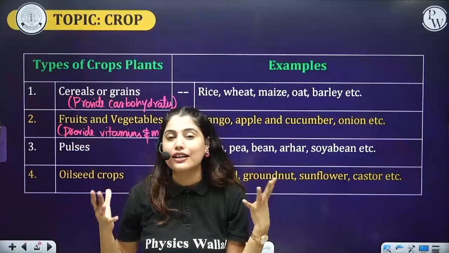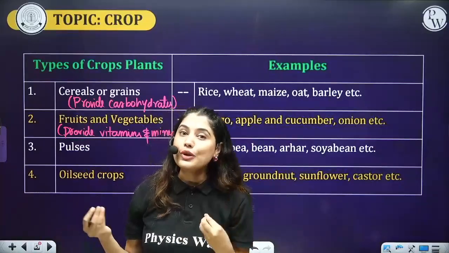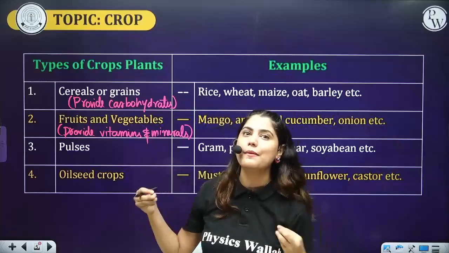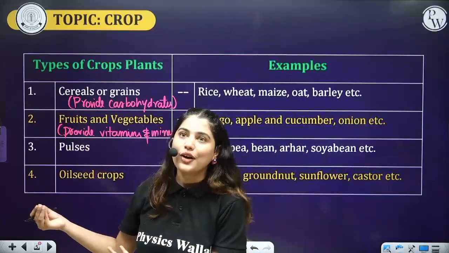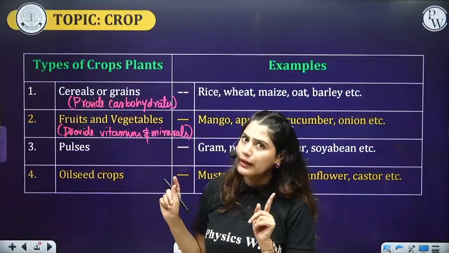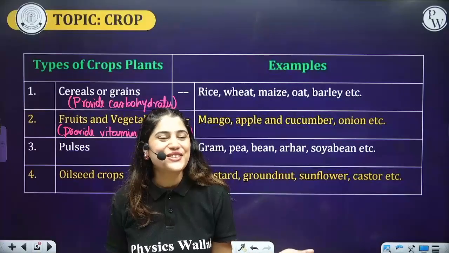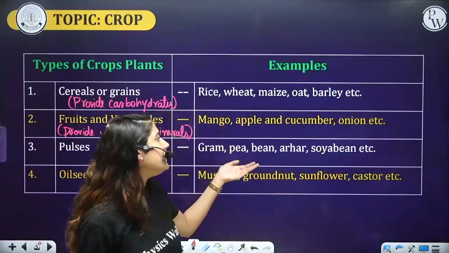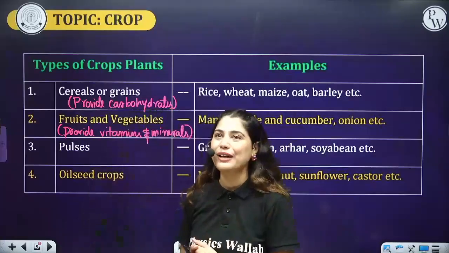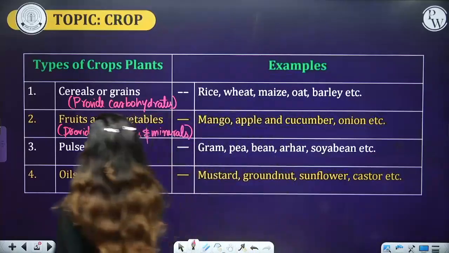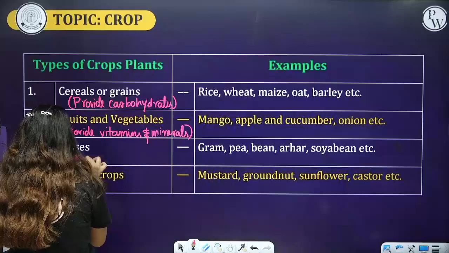And why are they consuming those proteins? Because proteins basically help to build the muscles, right? So if you want to build your muscles, you can consume your at-home protein sources, that is the gram, pea, bean, arhar and soya bean. So basically, pulses provide you with proteins.